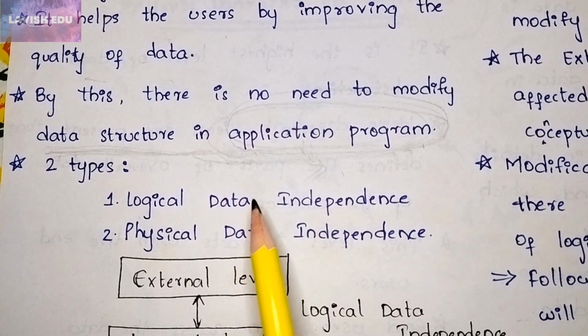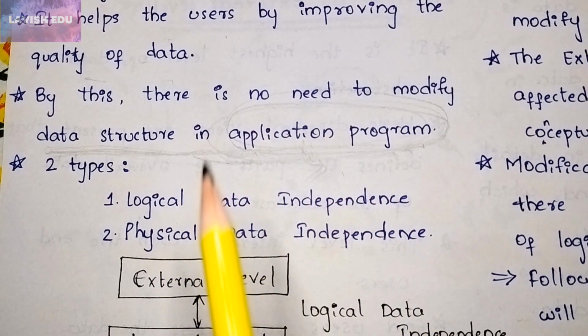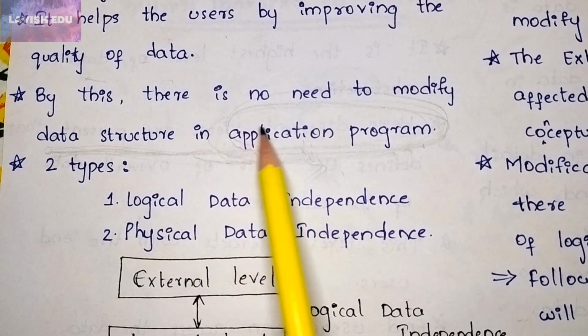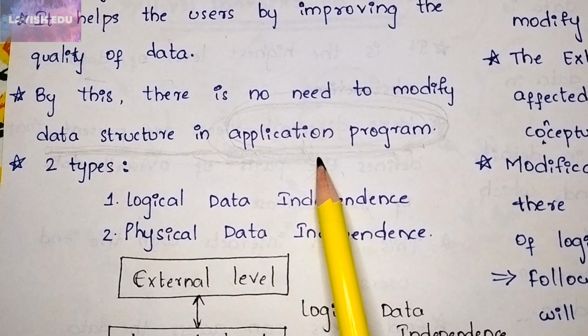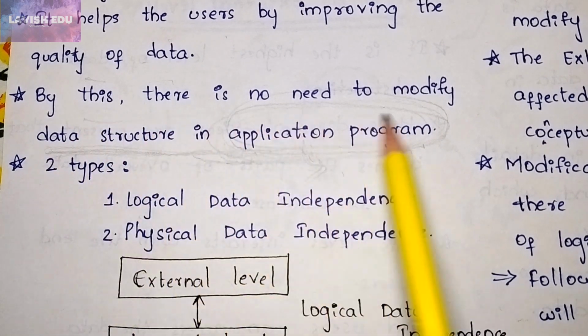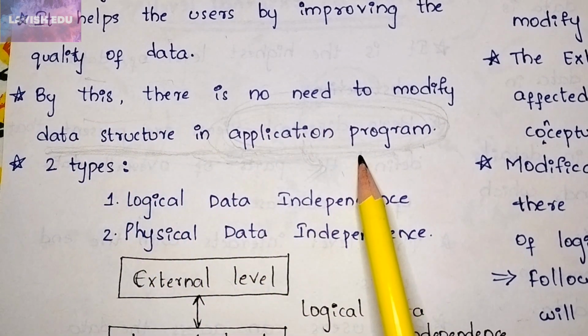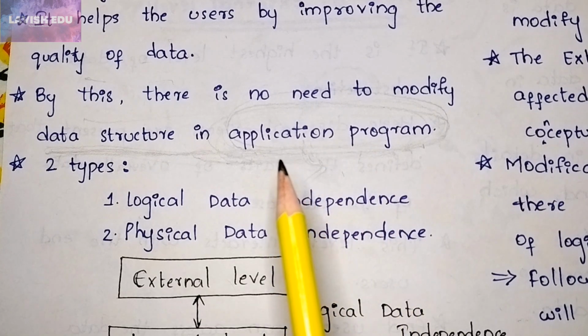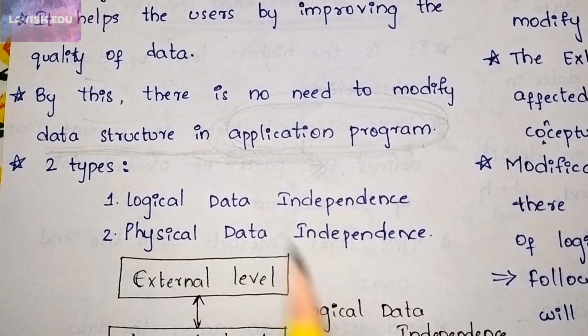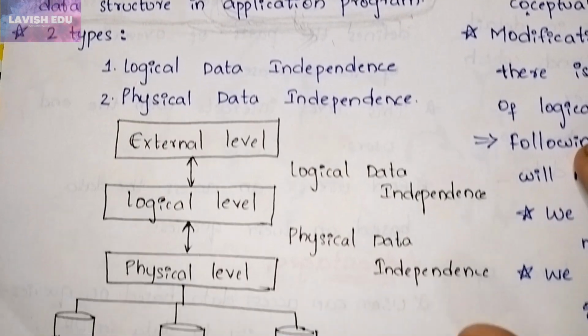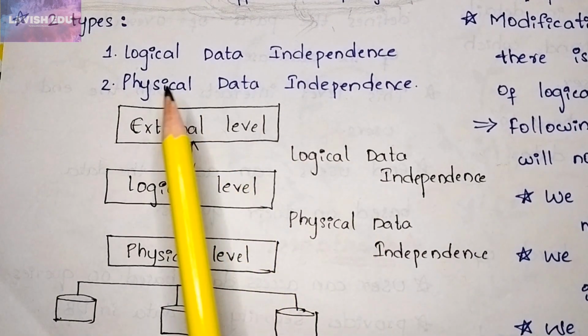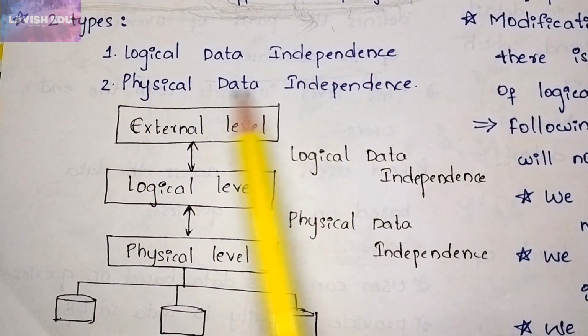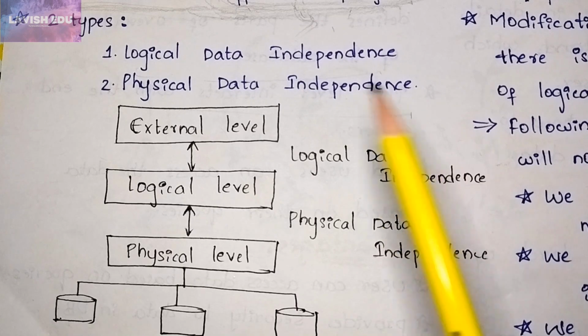But when the relational model was introduced, this burden was reduced. So there is no need to modify the data structure in the application program, because of the concept of data independence. There are basically two types of data independence: logical data independence and physical data independence.